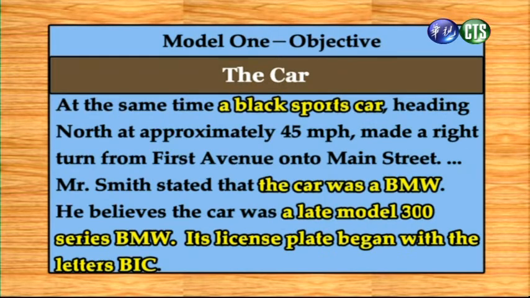Now let's go on and take a look at information about the car. And so here in the objective version, we see we have some information about the model of the car, the brand of the car, and even some information about the license plate number.